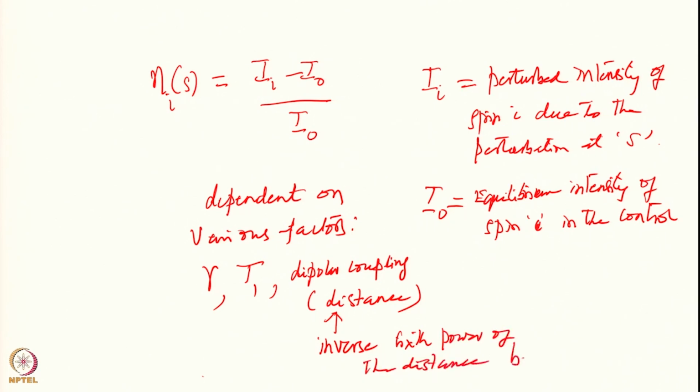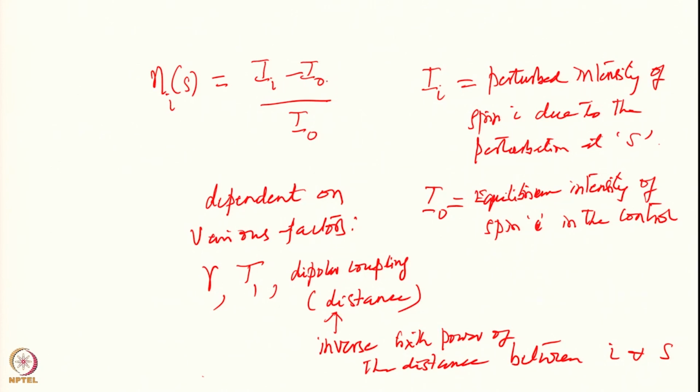Distance between what and what? Between I and S. These are the two spins which we are considering. We are perturbing the spin S and monitoring spin I, okay. And what I have here is I minus I naught, and these both refer to the spin I, because the spin S we are not looking at, we are looking at the spin I. So I minus I naught divided by I naught.